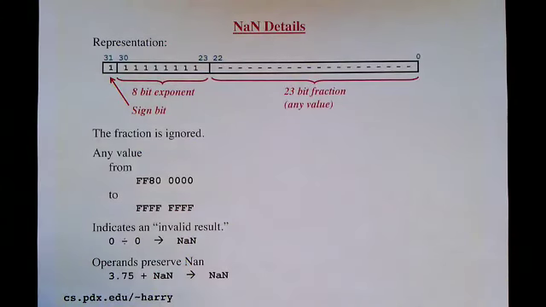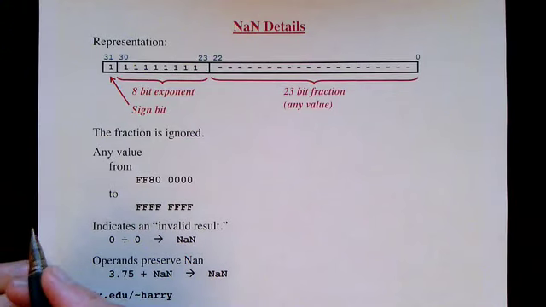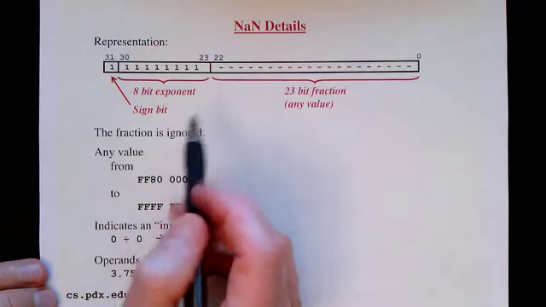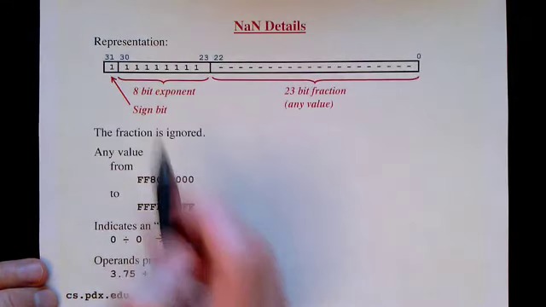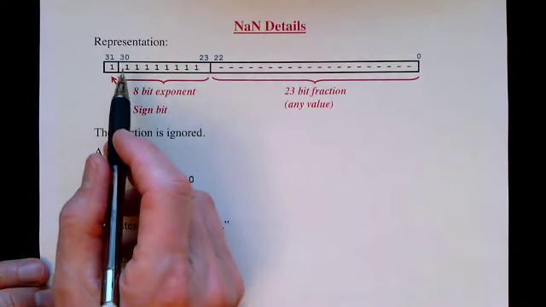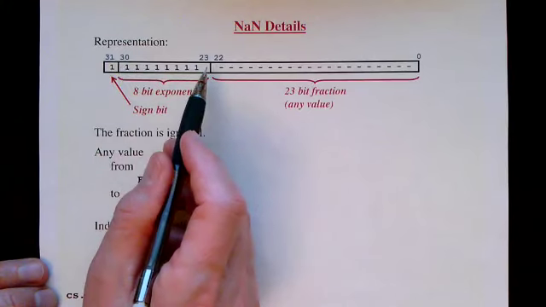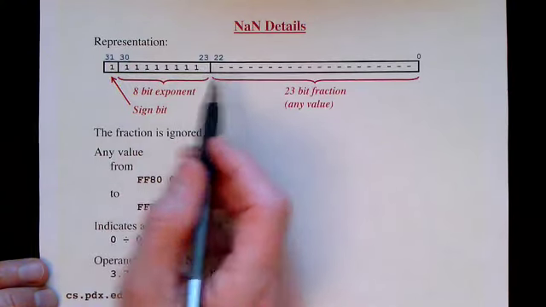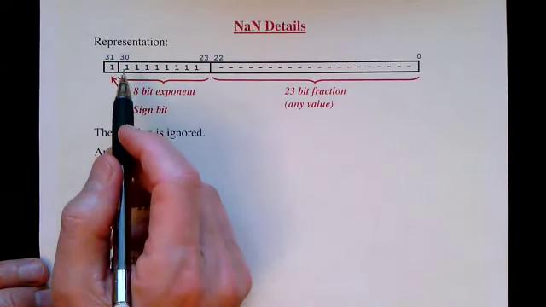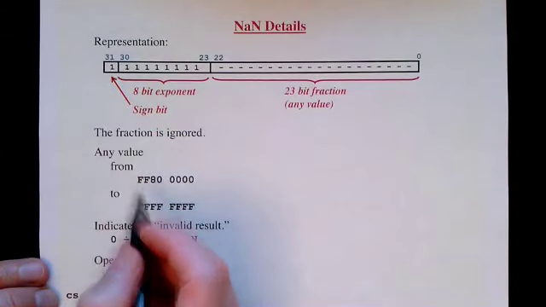Let me talk a little bit more about the not a number thing. Well, this slide is slightly wrong. If the exponent is all ones and the fraction is all zeros, then we're talking about infinity and the sign matters.